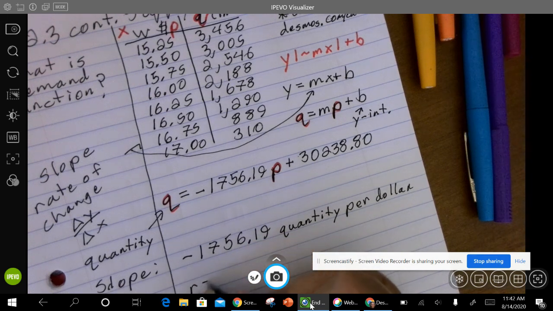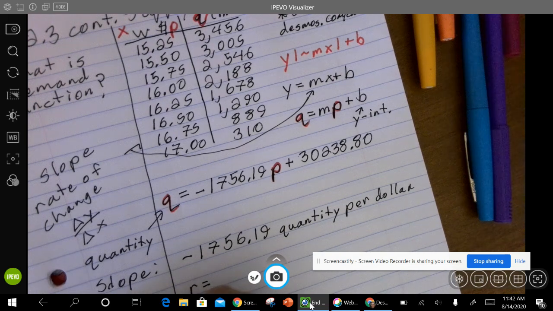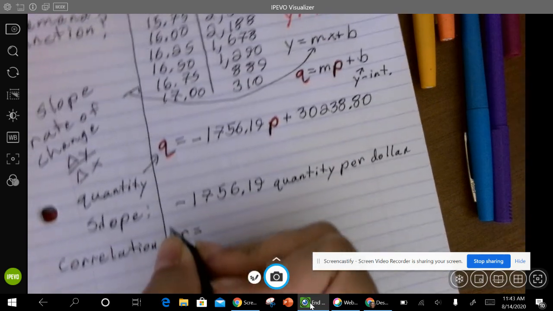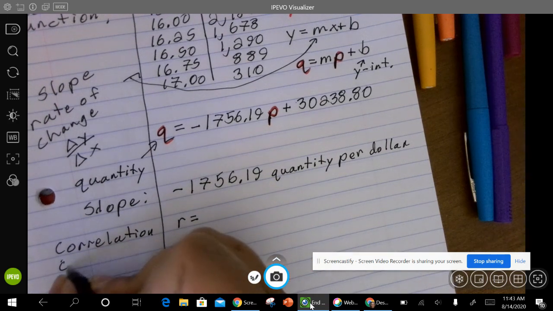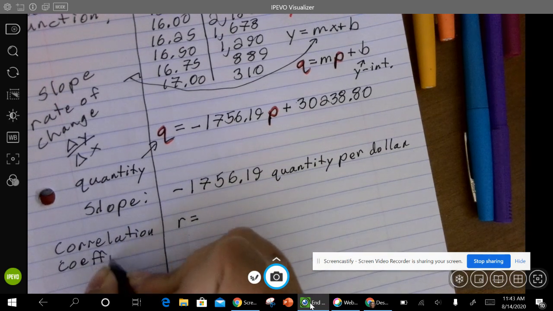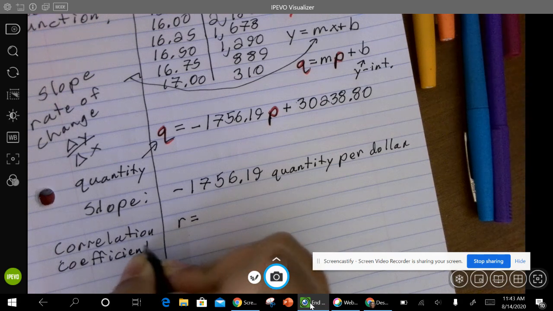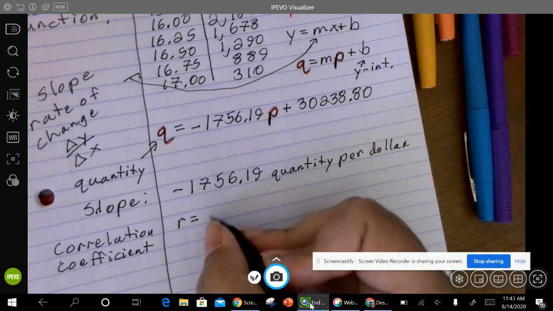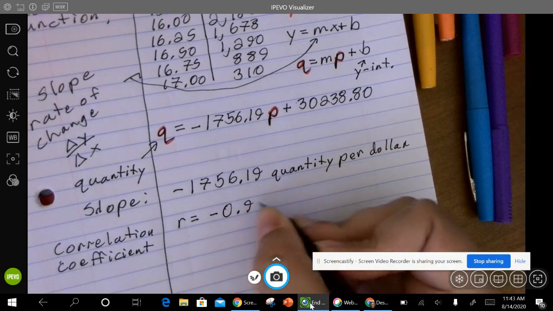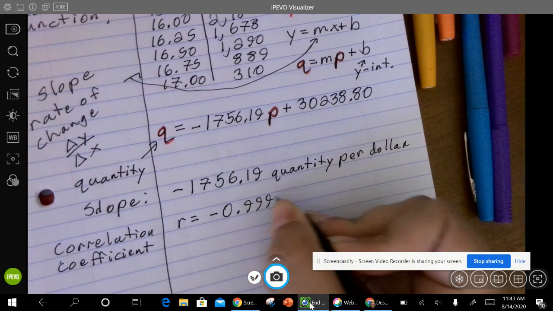And our correlation coefficient, so our correlation coefficient, everybody, that we got from inputting our data, we got negative 0.9991.